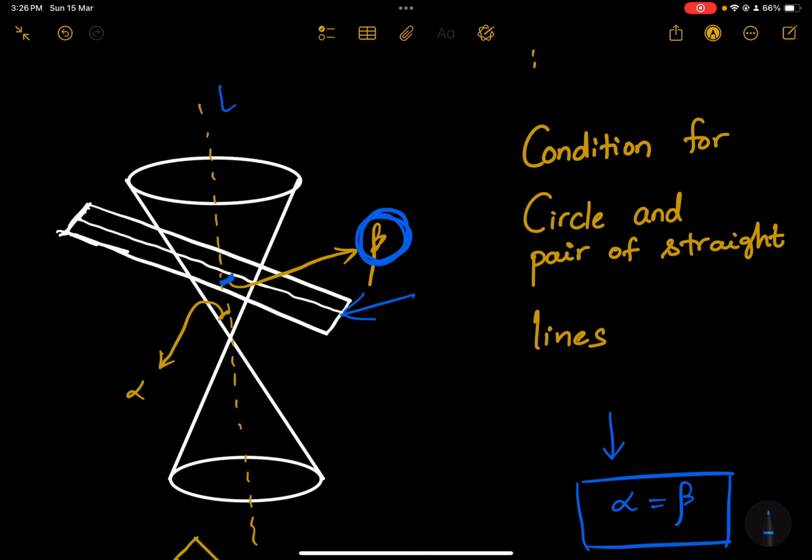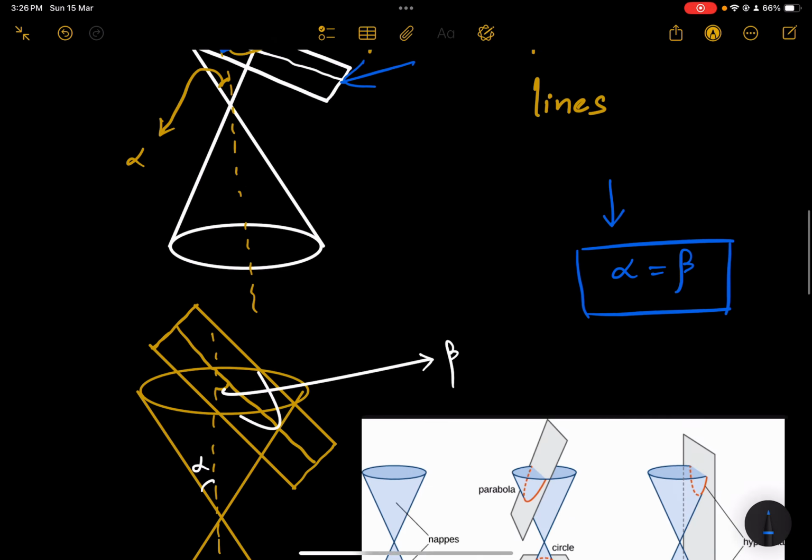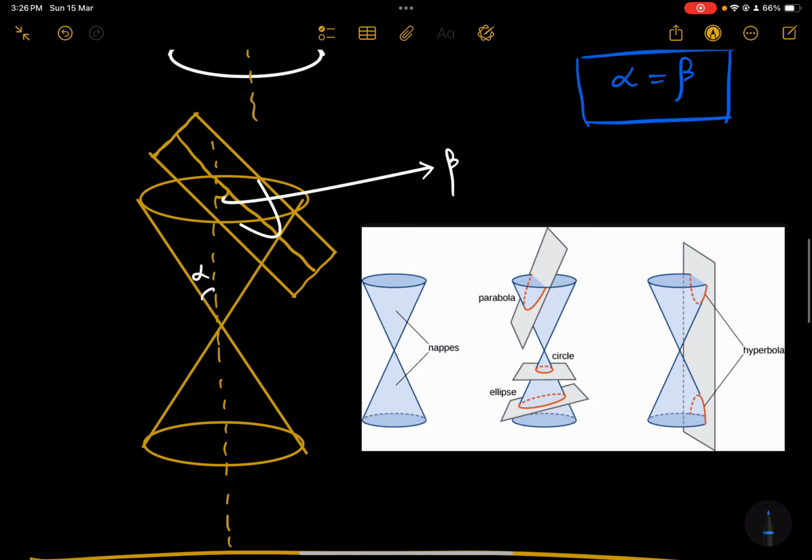When these two angles are equal, you will get a shape called a parabola, and this is how it looks. So we are cutting it, and this is the angle between the axis and the plane, which is beta. If alpha is equal to beta, you will get a parabola.